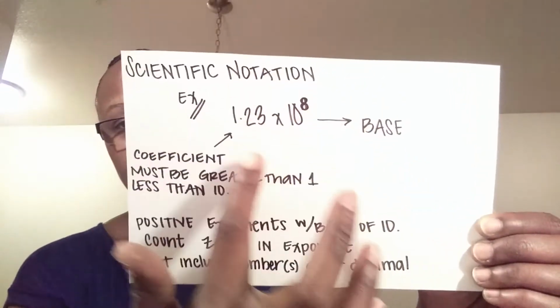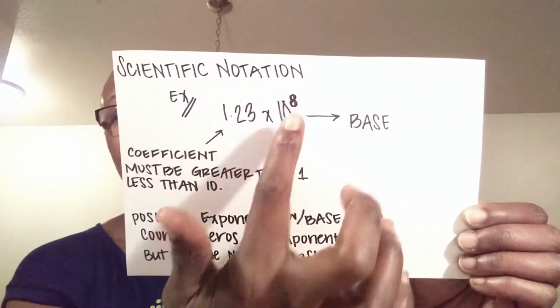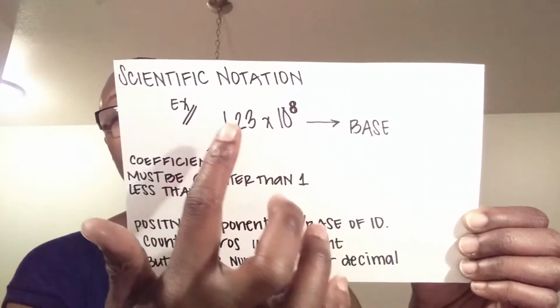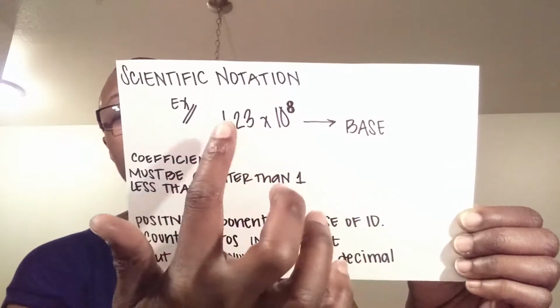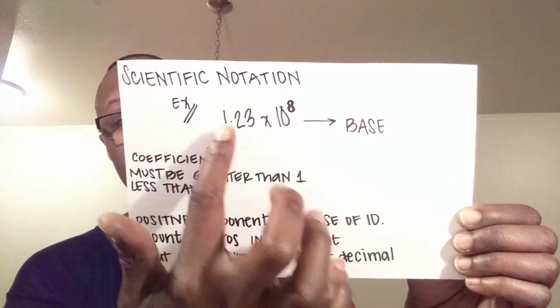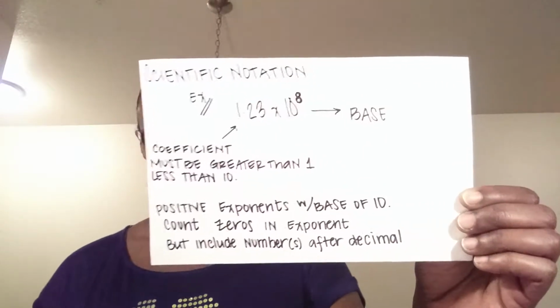So in this instance here, we have 1.23 times 10 to the 8th. What we would do is it would actually be 6 zeros in this equation, after the 2, 3, and a 1. I'll show you exactly how the answer will look.